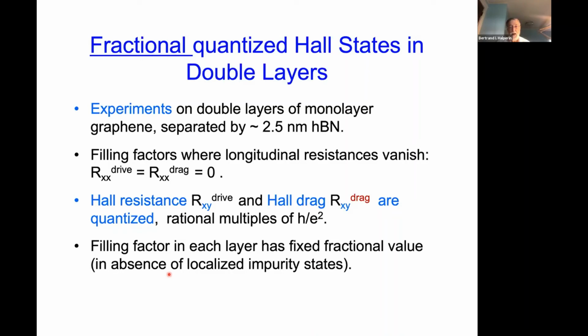And we're looking here at fractional quantized Hall states in double layers. So again, these are double layers of monolayer graphene separated by 2.5 nanometers of hBN.